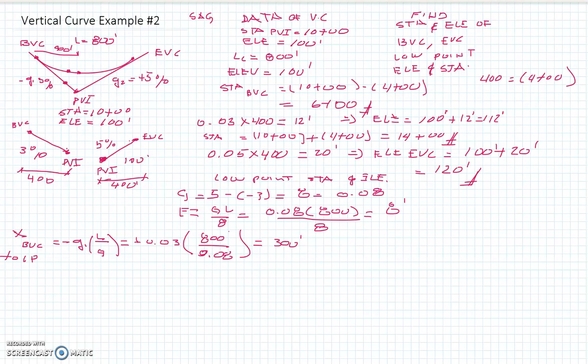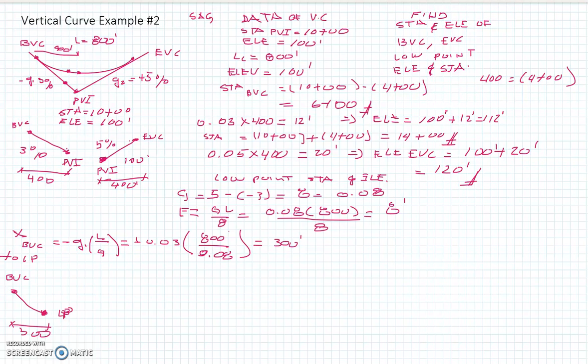Okay, so I need to find this tangent elevation and add my e. I have another triangle over here. Now this is 300, this is the beginning of the vertical curve, and this is my low point.